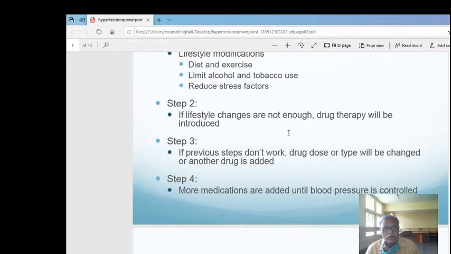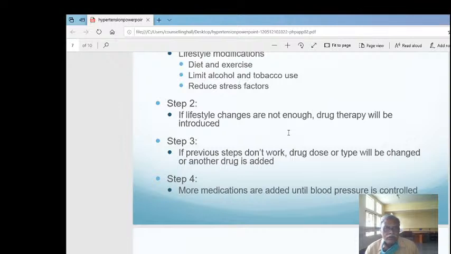Step 2 is if life changes are not enough, drug therapy will be introduced. If the patient's blood pressure does not come down to normal, that is 140 by 80 or 130 by 80, with lifestyle modifications, that is reduction of weight and changing dietary habits, going for a low fat diet, low carbohydrate diet.